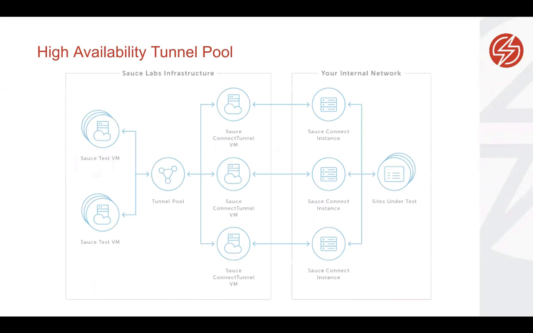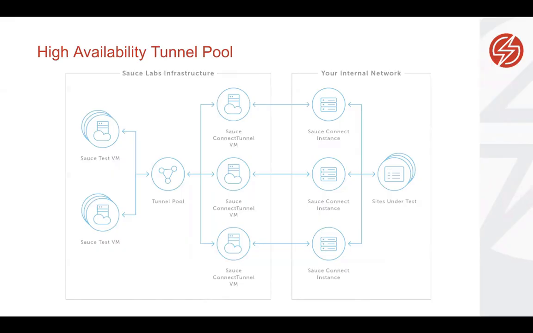So let's talk about high availability here. You can see on the right with your internal network, you have your sites under test, and then in this case, we have 3 Sauce Connect instances. They have reached out to Sauce Labs, and now we have 3 secure VMs on the Sauce Labs side managing the traffic for us.